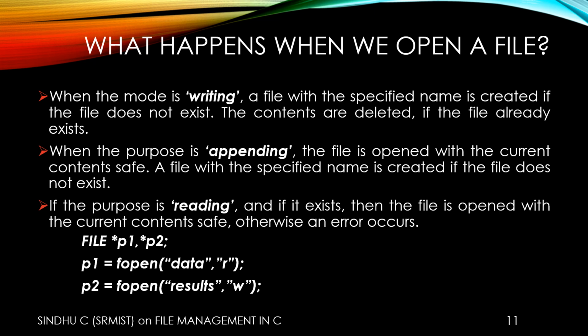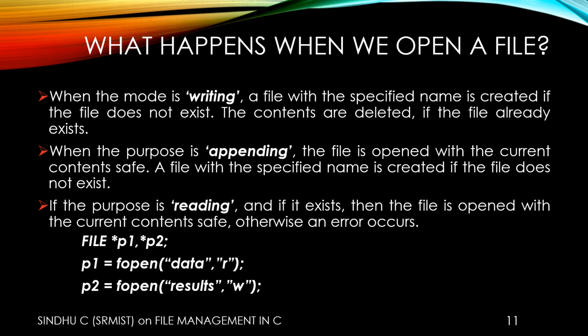A file with the specified name is created if the file does not exist. The third case is if the purpose is reading, which is, we are opening the file in mode r, and if that particular file exists, then the file is opened with the current content safe. Otherwise, if the file doesn't exist, an error occurs.